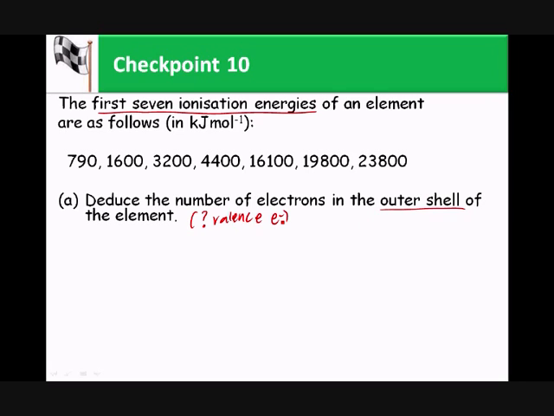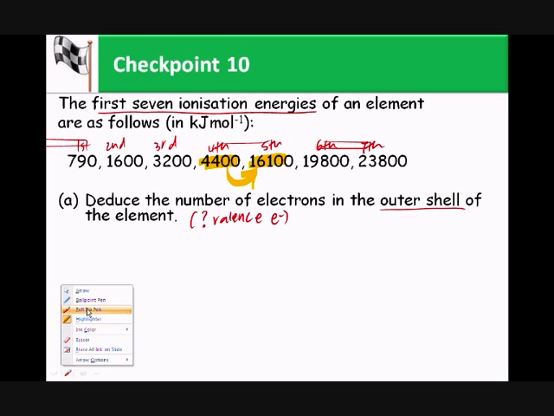Very simple, just use your calculator, calculate the difference between the first and the second, second and the third, third and the fourth, fifth, sixth, 7th. After you have calculated, you will realize that between the 4th and the 5th, there will be a greatest jump. So in this case, that means the number of valence electrons must be 4.